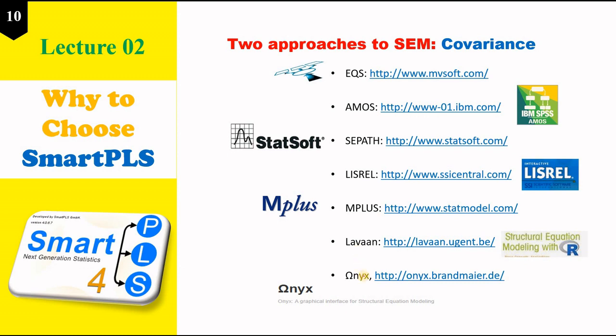Now different softwares are available whenever we are working with covariance, it means CB-SEM, covariance-based structural equation modeling. Then these softwares are available like EQS, AMOS, CPath, LISREL, Mplus, lavaan, which is the package available in R for structural equation modeling, as well as Onyx. A very popular software from the covariance-based is IBM SPSS's AMOS.